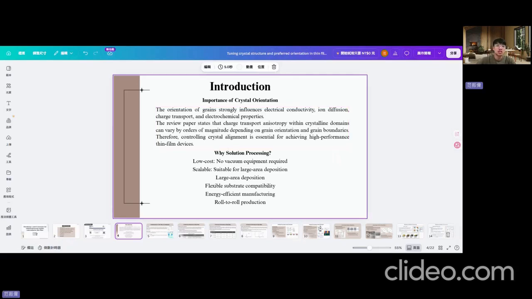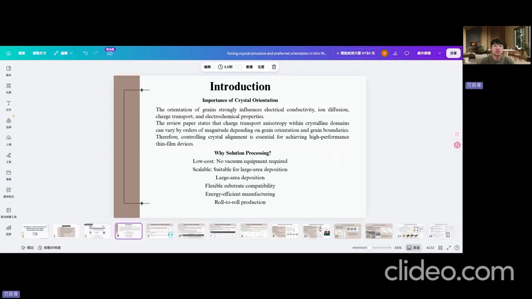And in the lithium cobalt oxide thin film study, the authors demonstrated that different substrates induce different preferred orientations. And then it's why solution process.